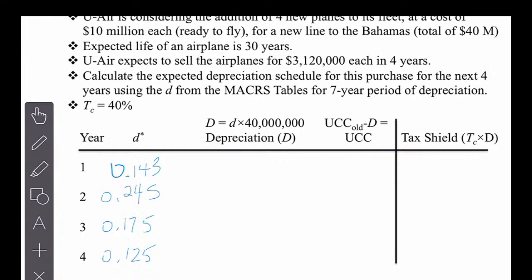To figure out D in the first year, 1 year of depreciation, all the things I mentioned to you, the schedule and the half-year rule, is all put into this number. So all you've got to do is take little d times 40 million. So that's the total value of the planes. So by the end of the first year, we get to claim big D depreciation. So multiply 40 million times that amount and put the number here.